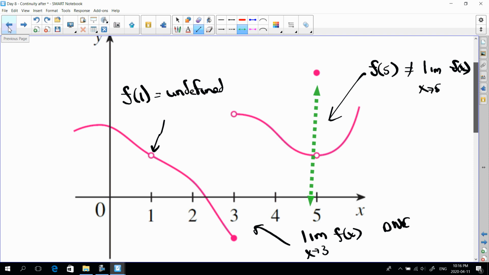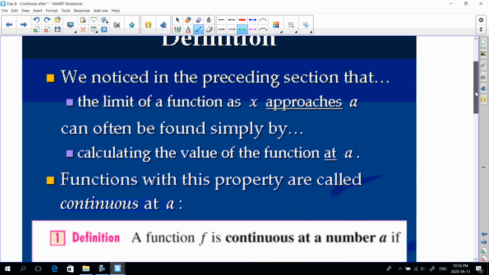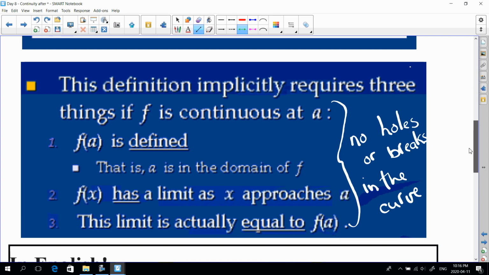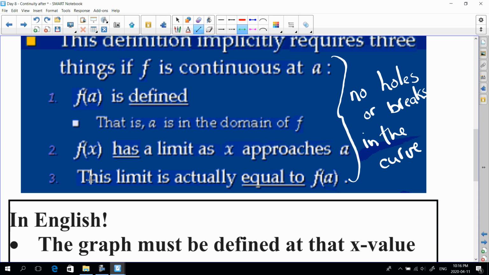So if I go back to our properties of continuity, the requirements that have to be met are the following. It has to be defined, a limit has to exist, and the limit is actually equal to the defined height.